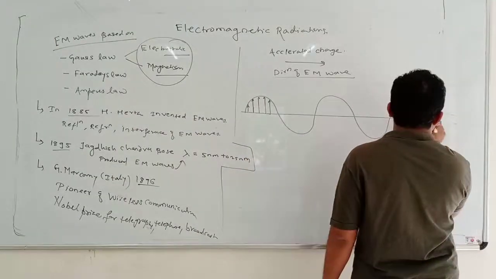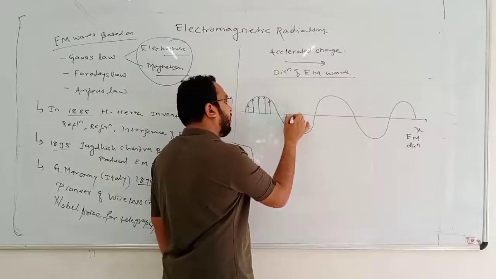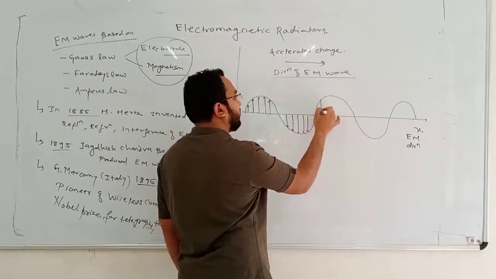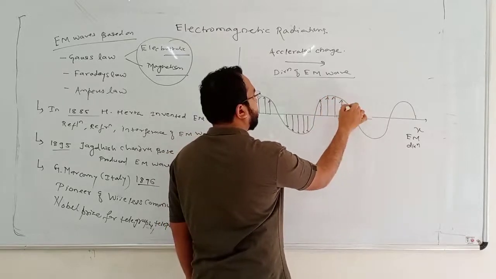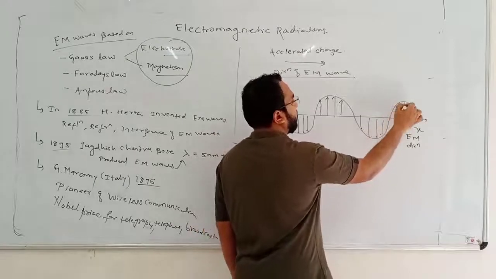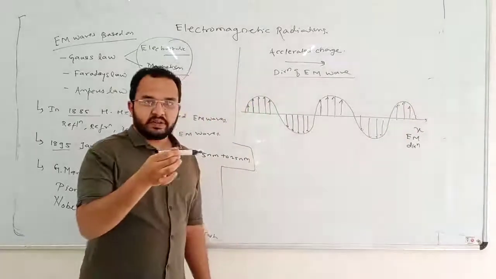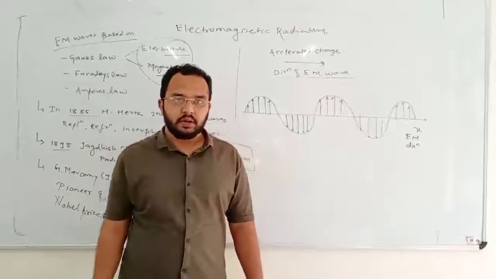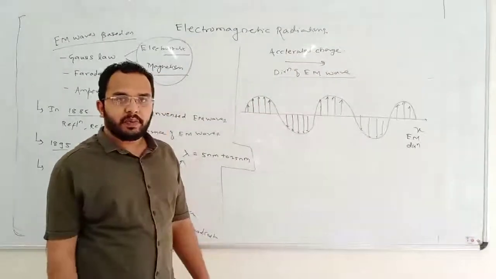So the electric wave or electric field is in the y direction, that is the vertical plane, I suppose. So here x is from left to right, y from bottom to top.